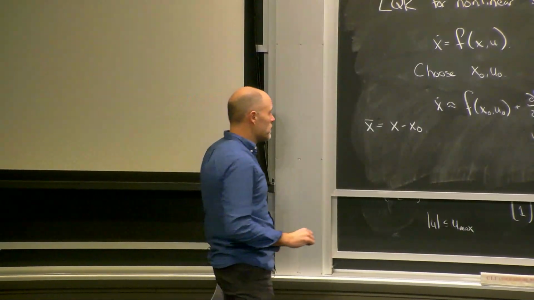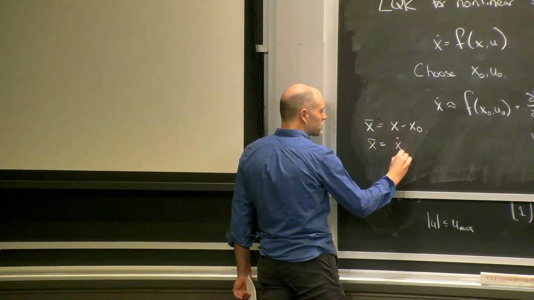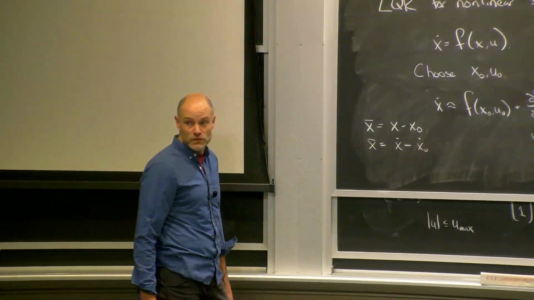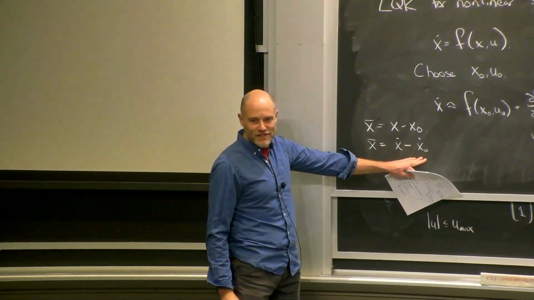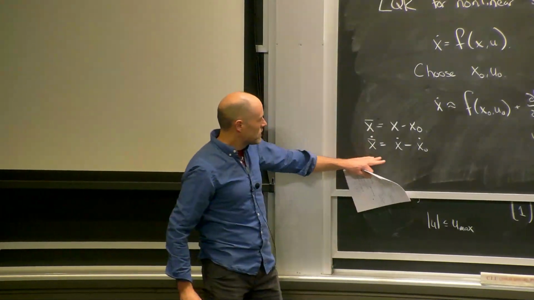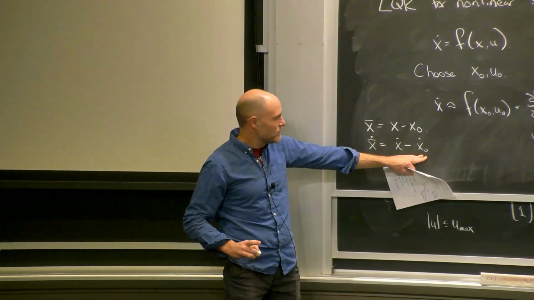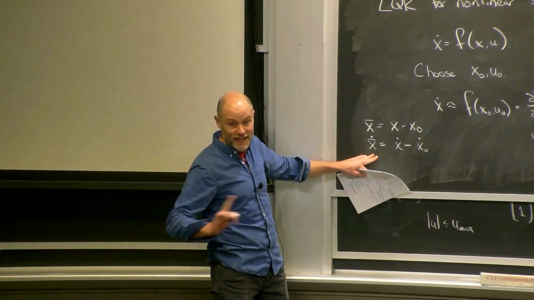Now, if I take the derivative of that, I get x dot minus x0 dot, which, if x0 dot is non-zero, is kind of a weird thing. I missed a dot here, sorry. If x0 dot is not 0, then it's like your coordinate system is moving on you.